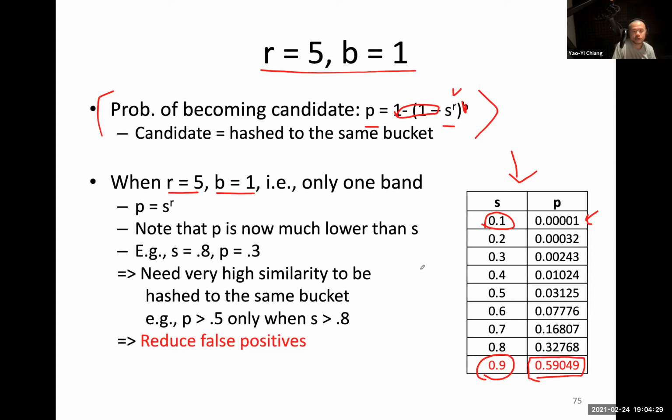If you look at this table, P is much smaller than S, so you need very high similarity to become a candidate. For example, even if you have 0.9, you still only have 60% chance to become a candidate. This means we can reduce false positives, right? A high number of R will help you reduce false positives.